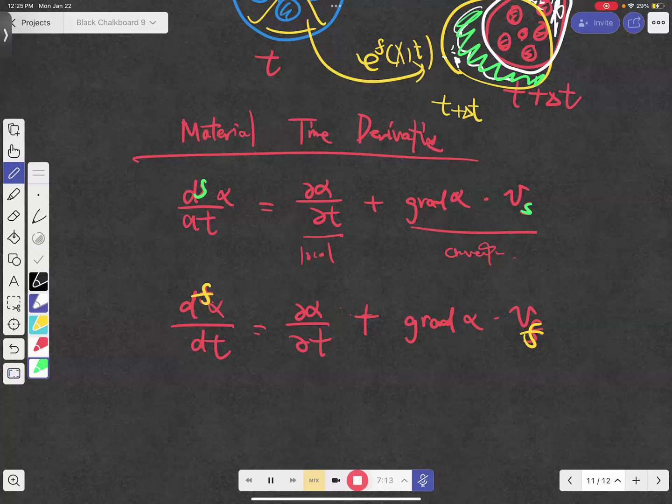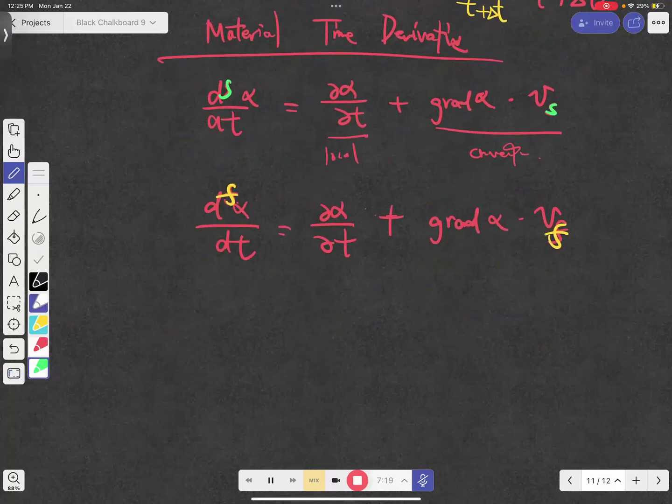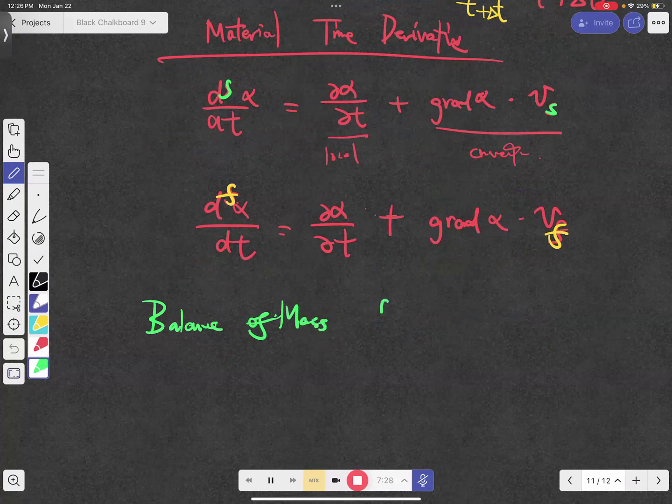So what would be the time derivative of the solid mass? So the balance law, balance of mass for solid. What would that be? It would still be the same, right?